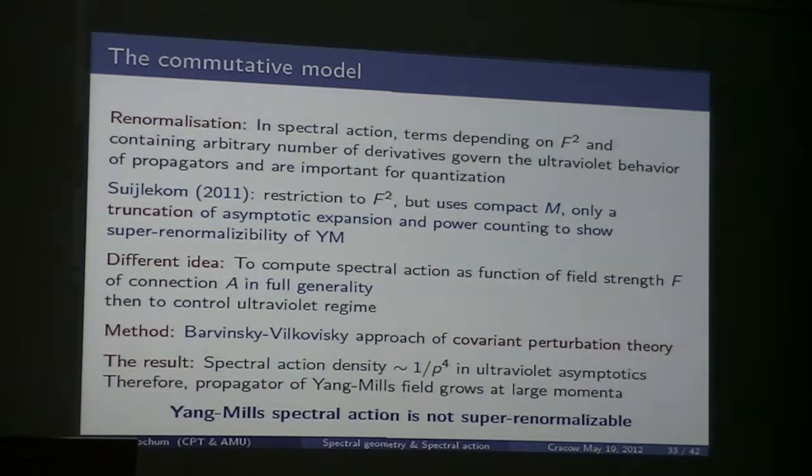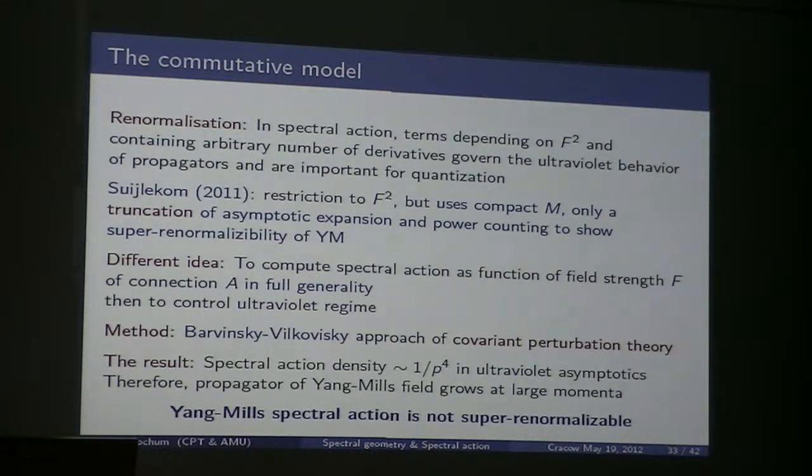This is where you can see the full power of spectral action, noncommutative geometry in action, because here we want to use a different idea. We want to compute really the spectral action, not its asymptotics, as a function of the field strength in full generality, and then control its ultraviolet regime.